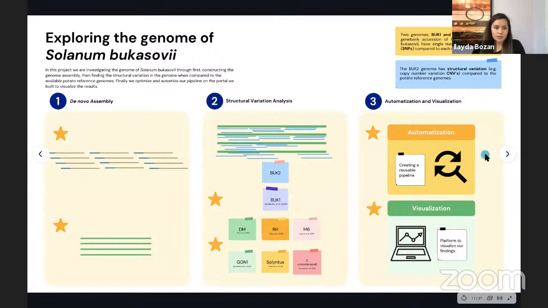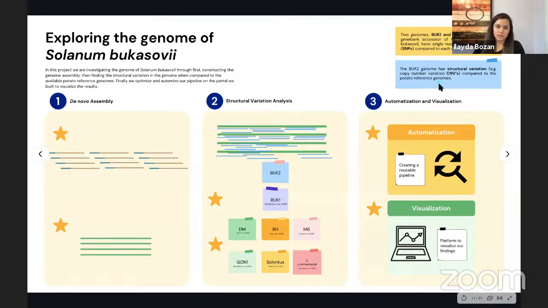When exploring the genome of Solanum bukasovii, I have two hypotheses. The first is that bukasovii 1 and 2 have SNPs compared to each other, and the second is that bukasovii 2 has structural variation compared to other reference genomes.